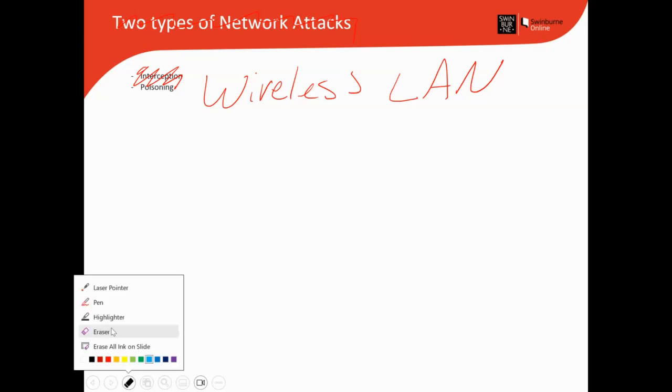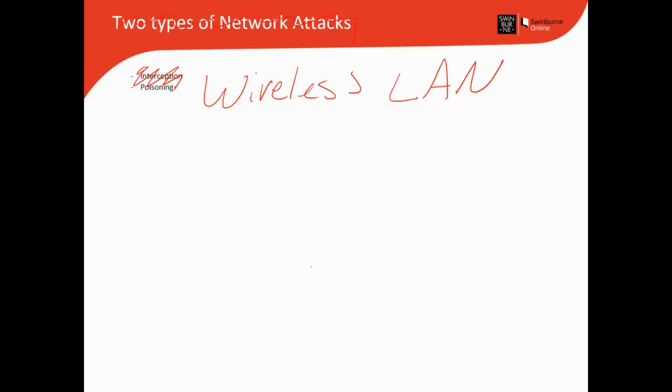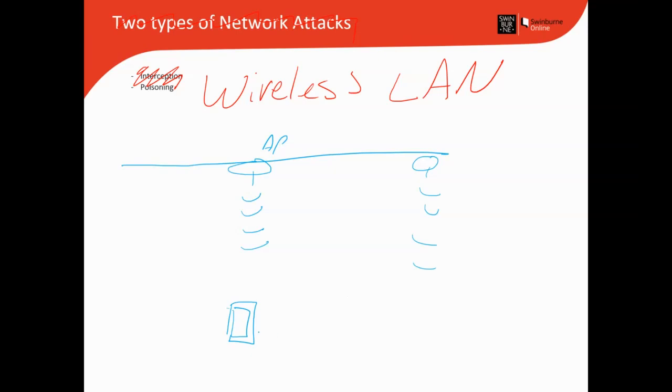In a wireless environment and in a business, you're going to do something like this. Here's your wall, and you'll have a little wireless access point that will transmit your signals. And as your mobile device is walking, you can hop onto different wireless access points, right?